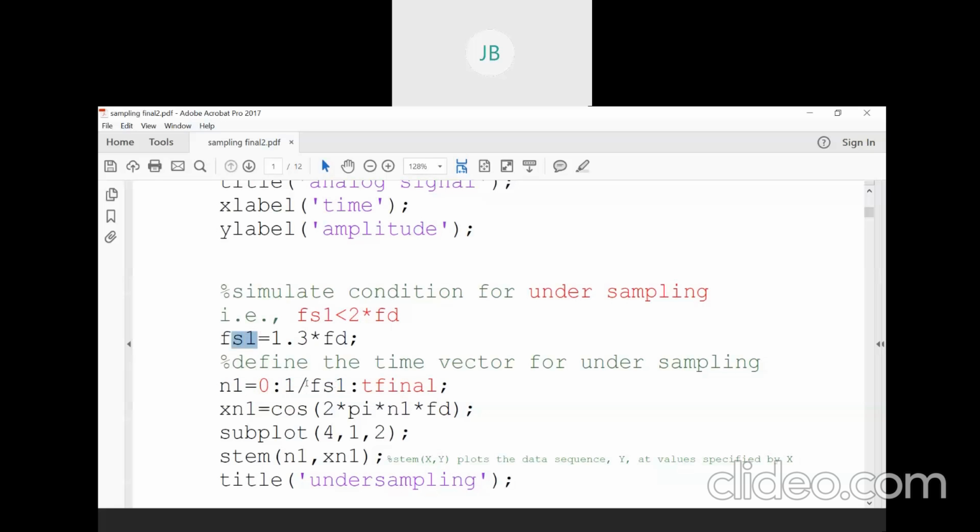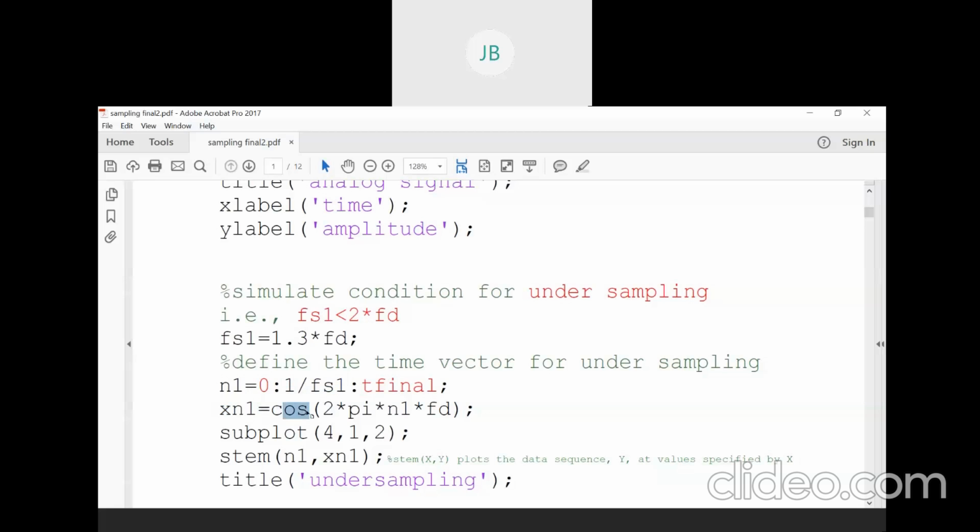So basically this is the time instance, and this represents the time axis. In this time axis we have variations from 0 to t final with increments of 1 by fs1. And then xn1 represents the y-axis.